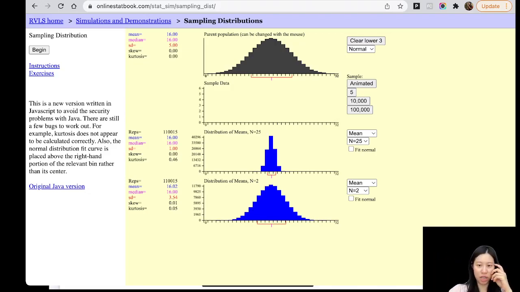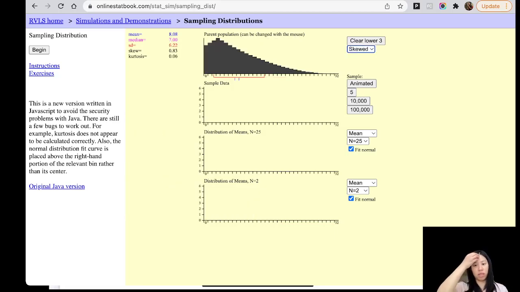So let's see, do they fit a normal distribution? It seems like if you have a larger sample size, it will be easier to fit into a normal distribution. Okay, so what if we don't have a normal distribution? Let's say at the beginning we have a skewed distribution, and let's see what happens.